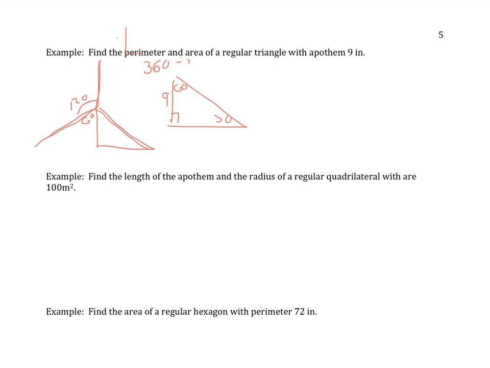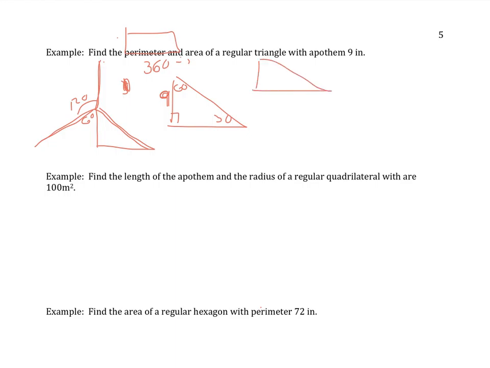So I need to figure out the perimeter of this triangle. So I need to figure out each one of these sides. I don't really want to call it S. So in here, I've got 30, 60, 90 right triangles, with this being 9. The side opposite 30 is 9.